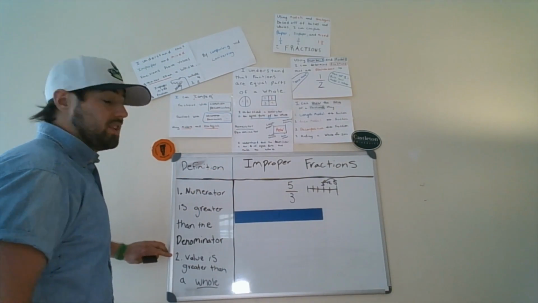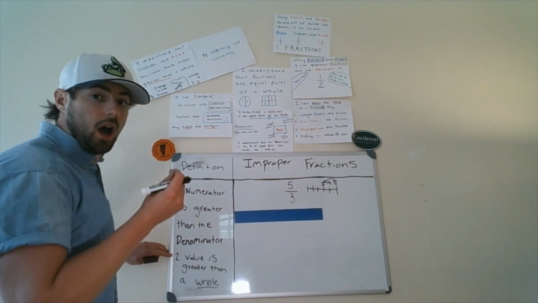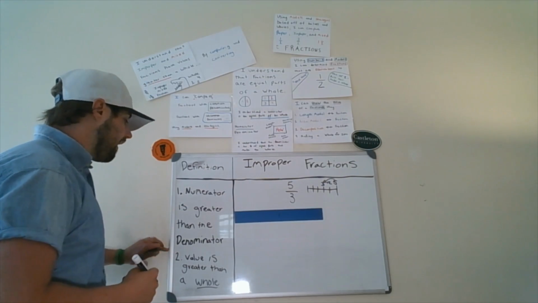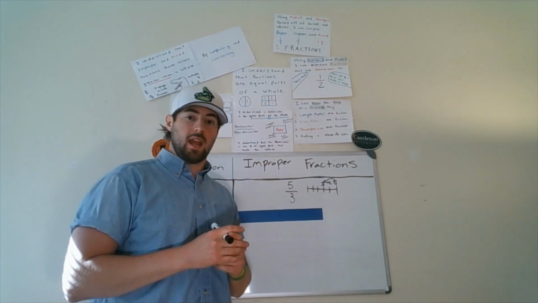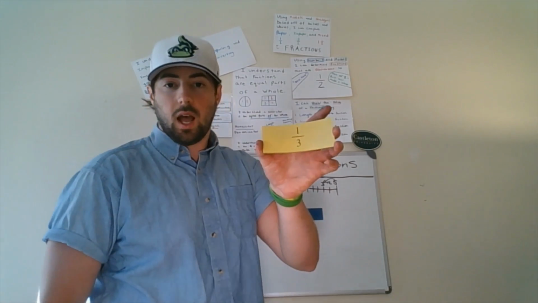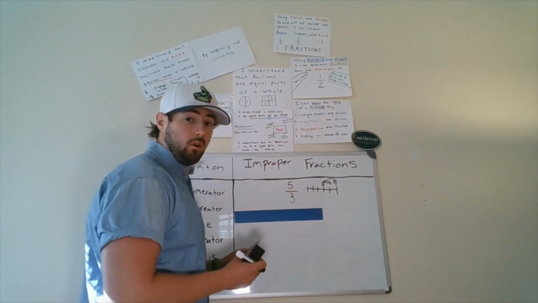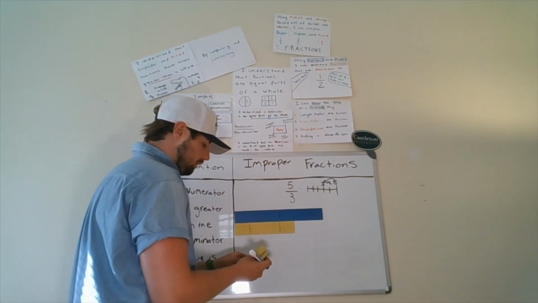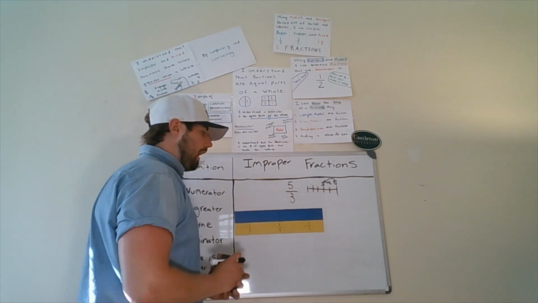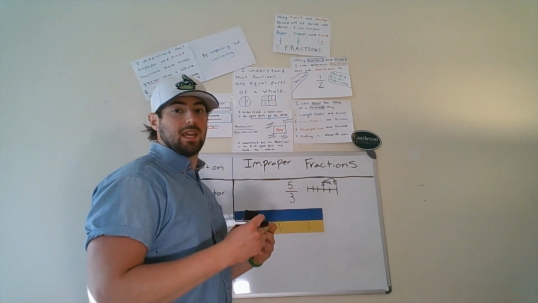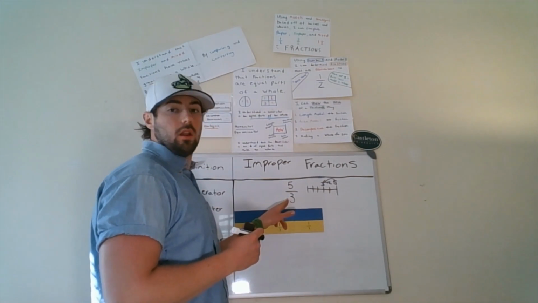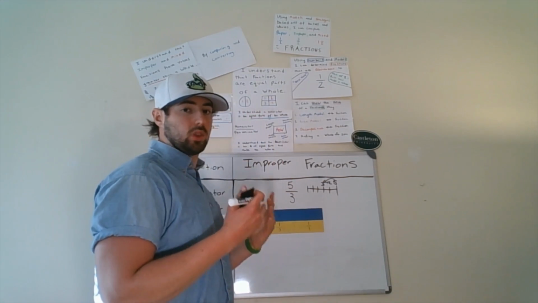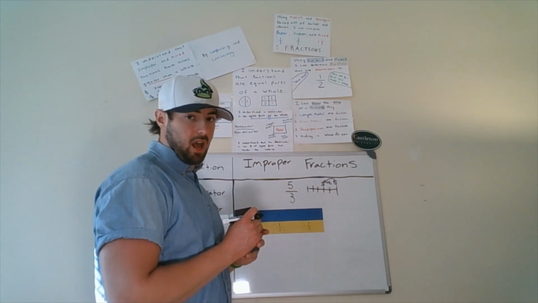Secondly, because our parts of are greater than the parts that make the whole, the value is therefore greater than the whole. So, I have some thirds. We know that 3/3 make a whole when I'm working with thirds. 3 equal parts make the whole when we're looking at 3 in our denominator.